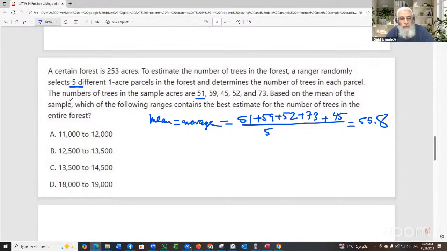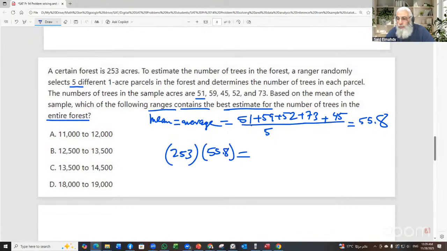It is said here, based on the mean of the sample, which of the following ranges contains the best estimate of the number of trees in the entire forest? So we multiply 253 times 55.8.